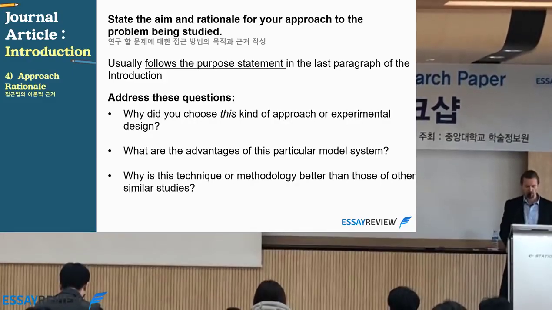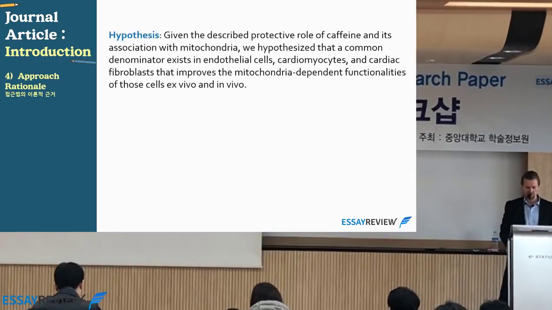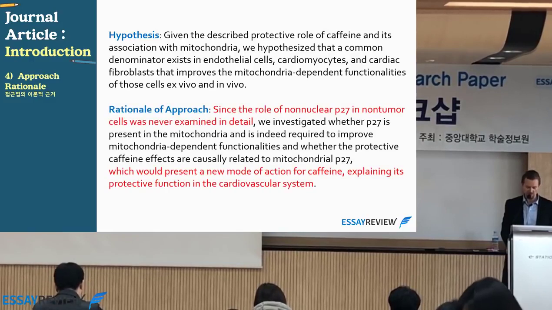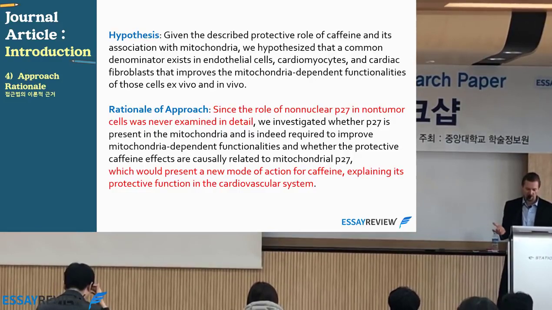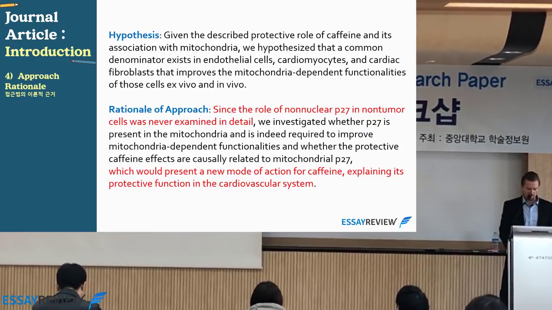It could look like this. This is your hypothesis, given the described protective role of caffeine, blah, blah, blah. Your rationale might be, since the role of non-nuclear P27 in cells was never examined in detail, right? This is a signal phrase too. Since these studies never did this, we're missing this method of study here. We investigated whether P27 is present in the mitochondria.